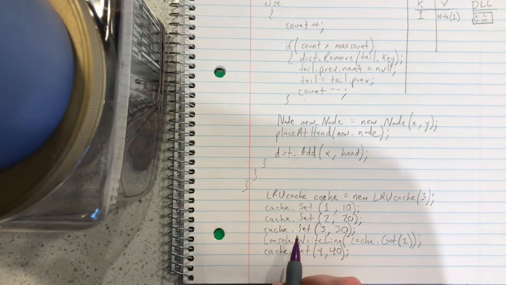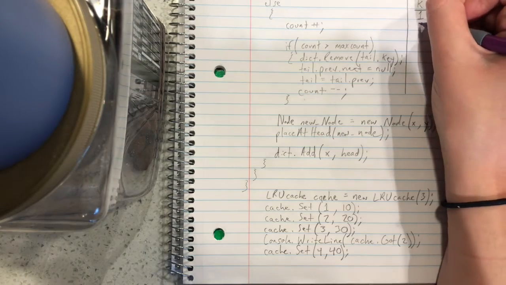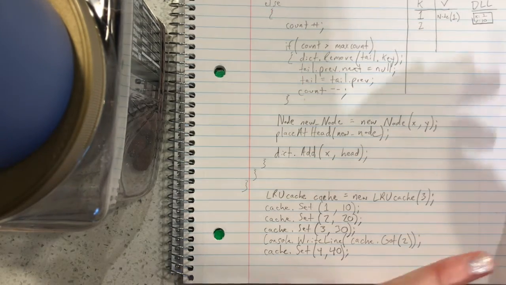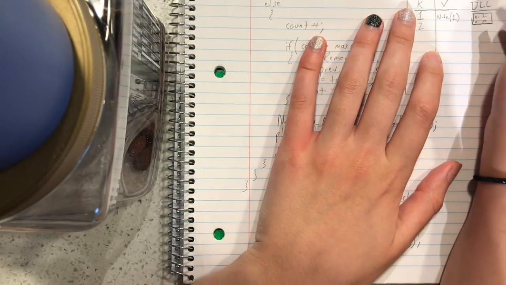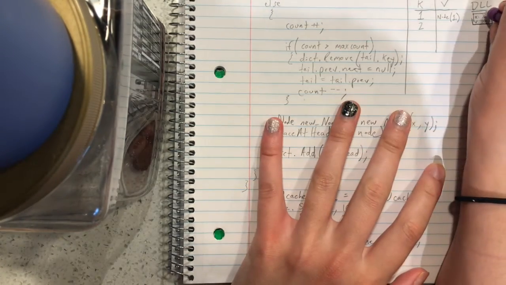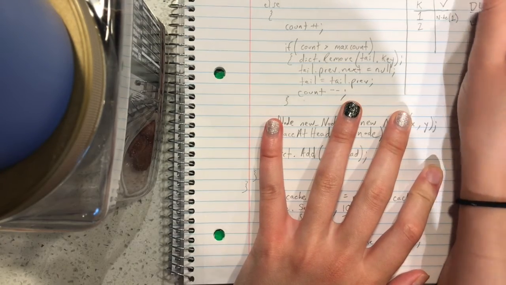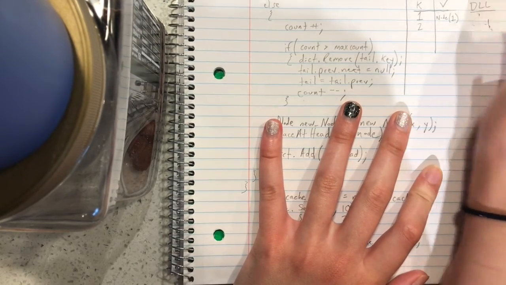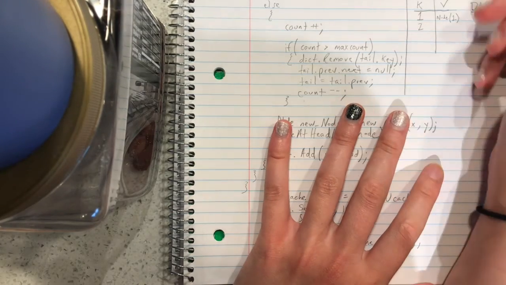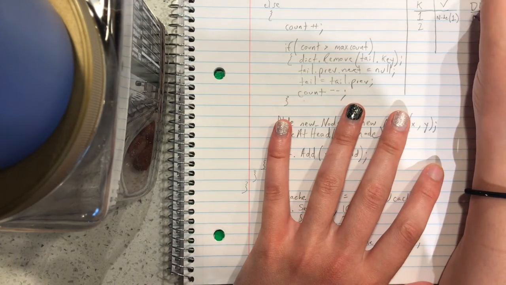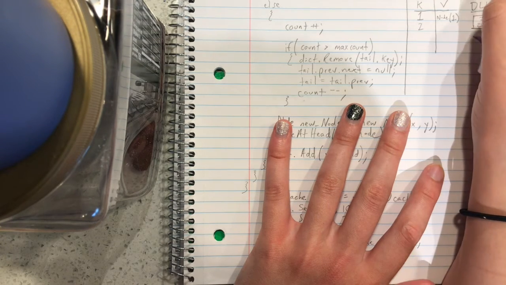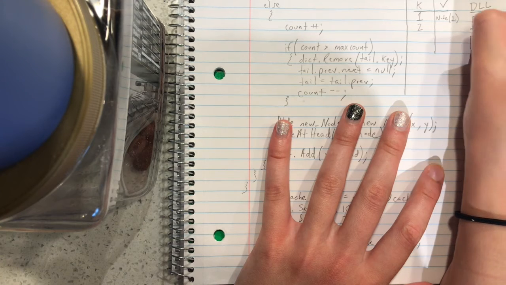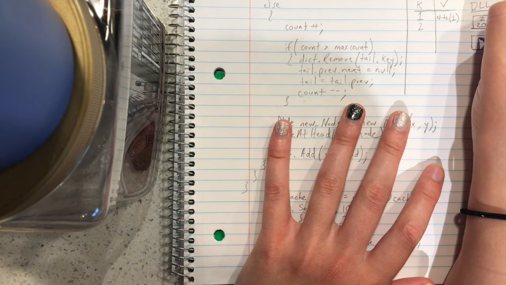Okay, so now we're going to set 2 and 20. So 2 comes in here. I'll have to erase this, but a new node is created with key of 2, value 20. 2 is placed at the head, so I'll just put 2 and 20. 2 is placed at the head, and 1 is no longer the head.